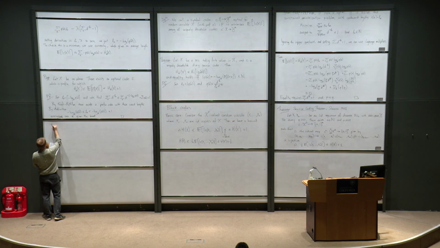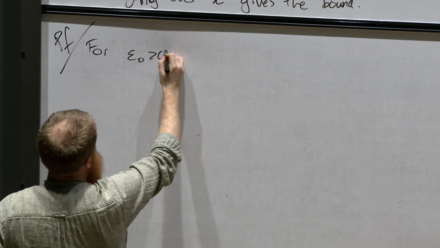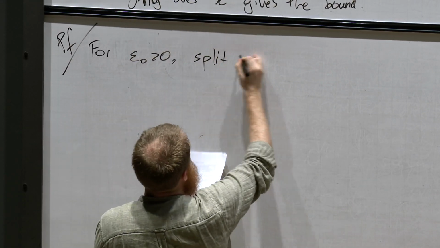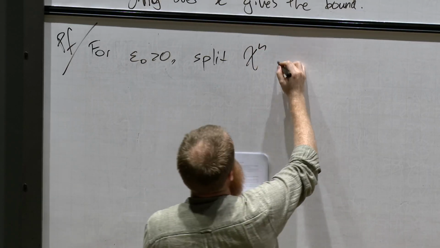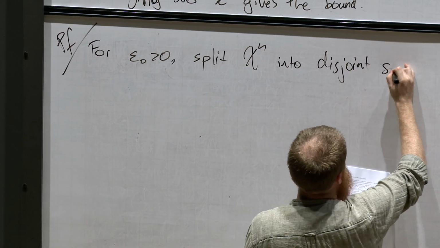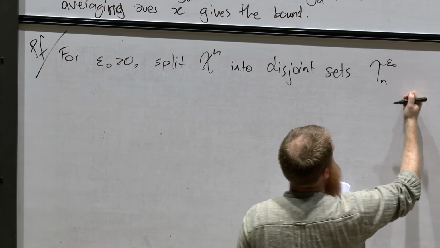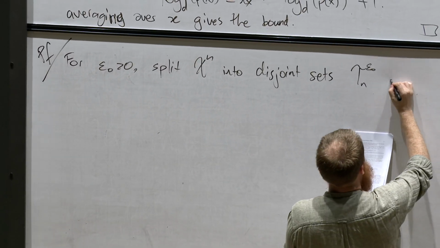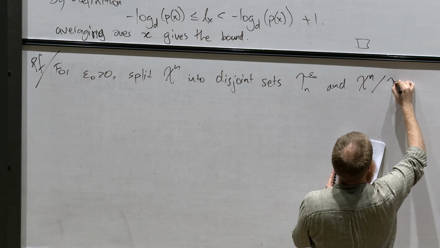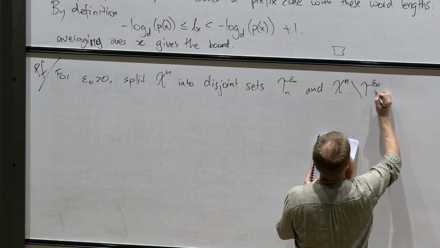Okay, proof. For epsilon naught greater than 0, split X^n into disjoint sets: T epsilon naught n, the typical sequences, and the atypical sequences, X^n minus T epsilon naught n.